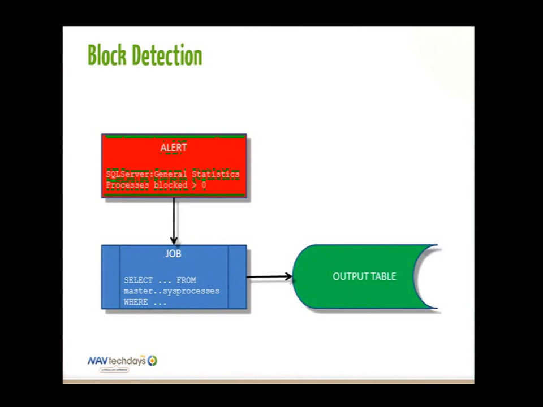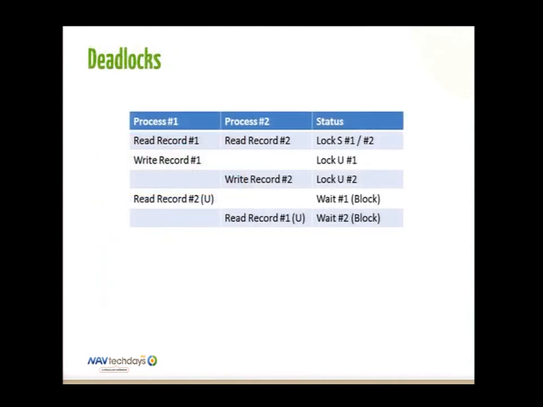Yeah, this is a little bit, let's say, fuzzy when it's about deadlocks, the queen of blocks, hooray. Deadlock is a very special circumstance, which basically happens like this. Two processes start easily reading something. Let's say number one is reading sales header, the other one is reading purchase header. Nothing done.